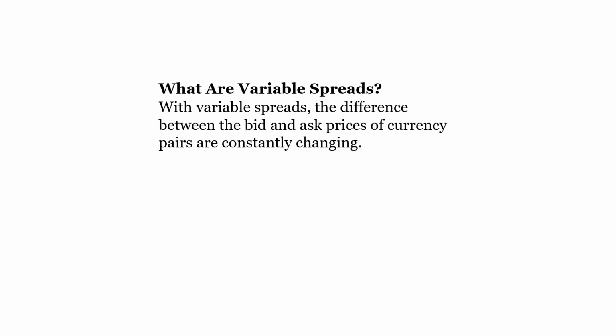This means they have no control over the spreads. Spreads will widen or tighten based on the supply and demand of currencies and the overall market volatility. Typically, spreads widen during economic data releases, as well as other periods when the liquidity in the market decreases.